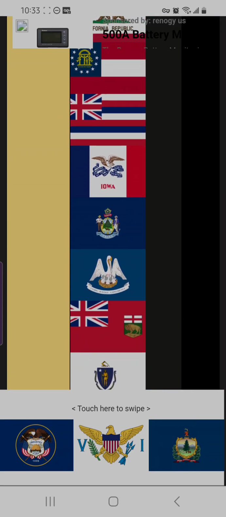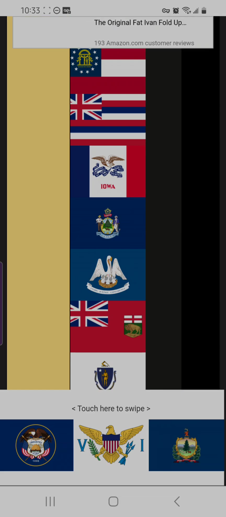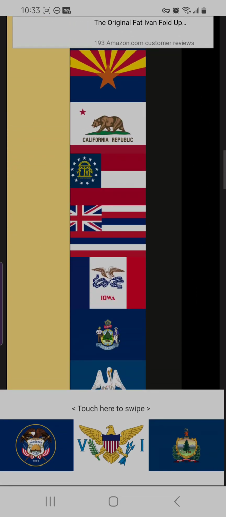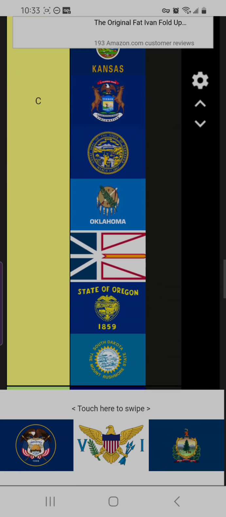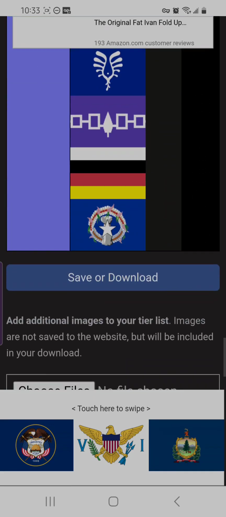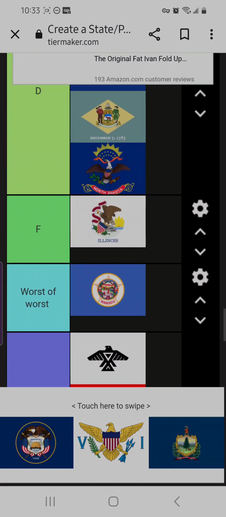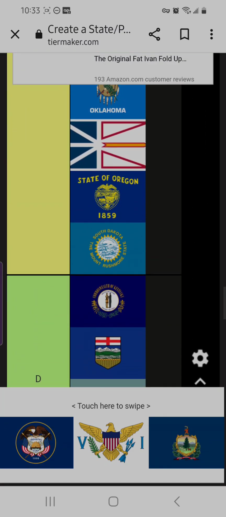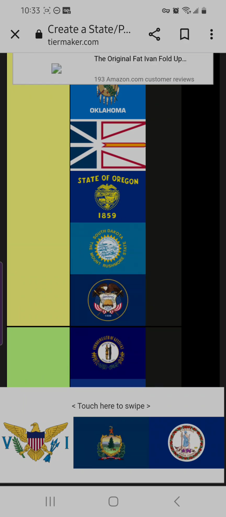Utah, and this is the old Utah flag. No, this flag's okay. It does get a C tier. But if I liked the new flag, it would get an A plus.